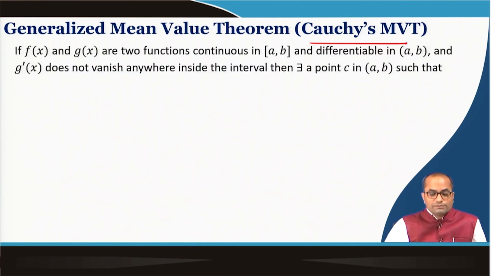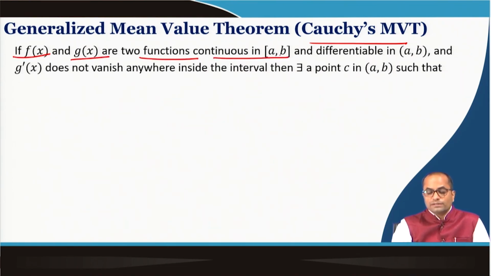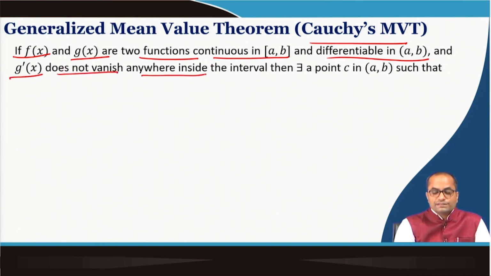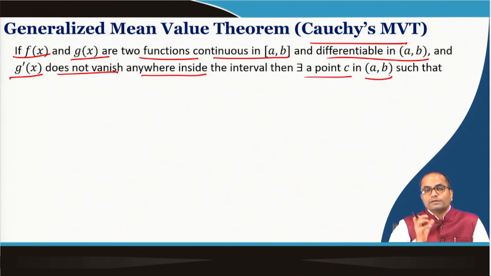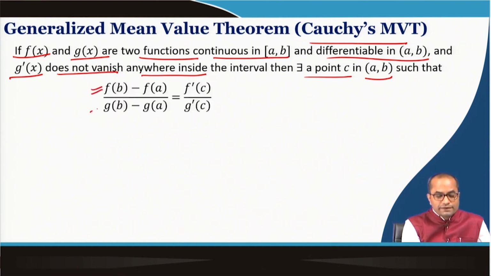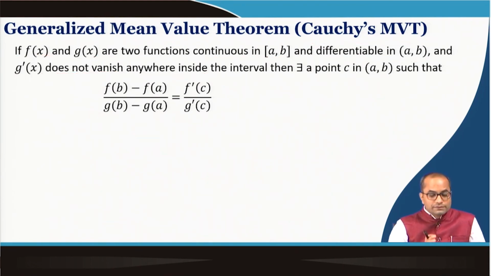In this Cauchy mean value theorem, the statement is as follows: if f(x) and g(x) are two functions, both continuous in the interval a b and differentiable in the open interval a b, and g prime x does not vanish anywhere inside the interval, then there exists a point c again in this open interval such that, in this more generalized version, f b minus f a divided by g b minus g a is equal to f prime c over g prime c. That is the conclusion of this generalized mean value theorem.